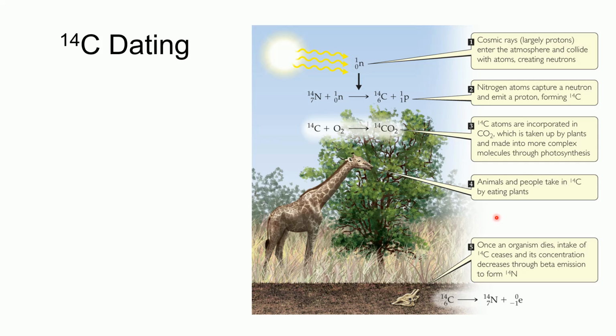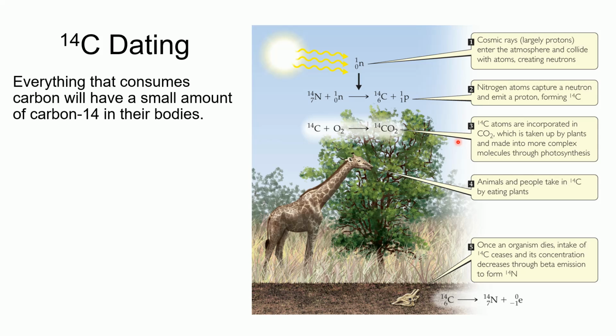So let's look at carbon dating. For carbon dating, we're going to be talking about carbon-14. So carbon-14 dating. That's a particular isotope of carbon. So before we talk about how it gets incorporated, let's talk about carbon-14, how it is created. There's cosmic radiation, which is just high energy protons that are streaming from the sun through space. They hit our Earth's atmosphere and they run into other atoms, and that creates neutrons.